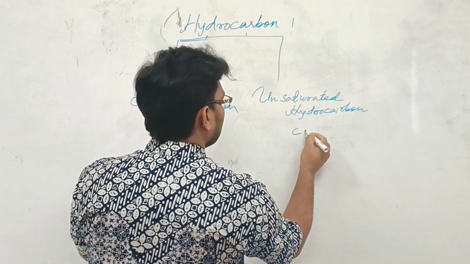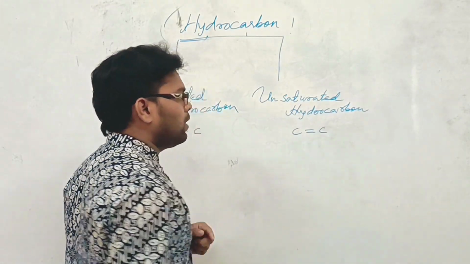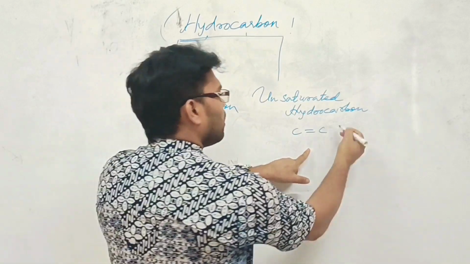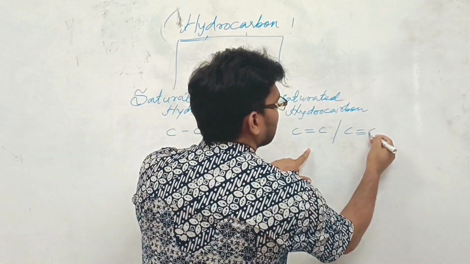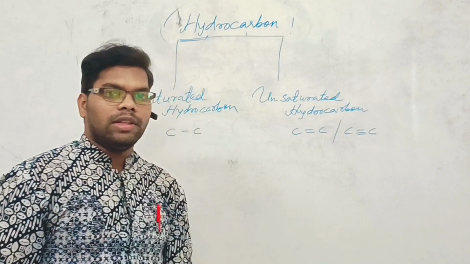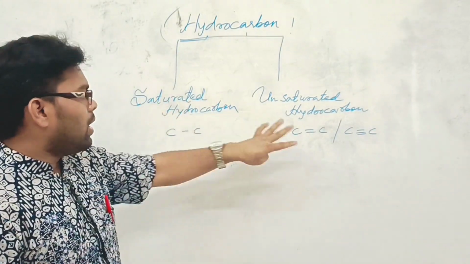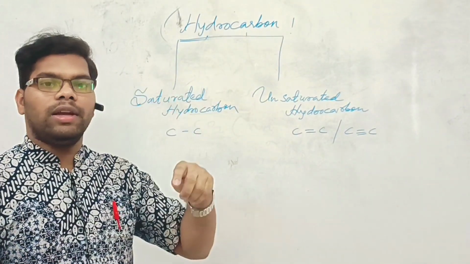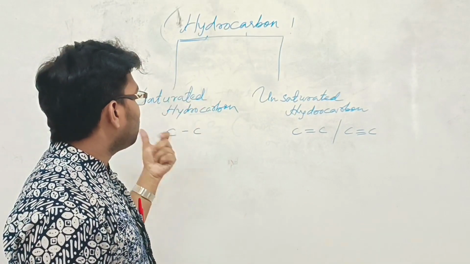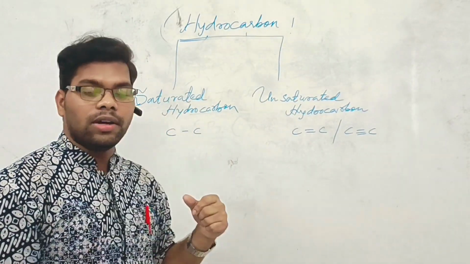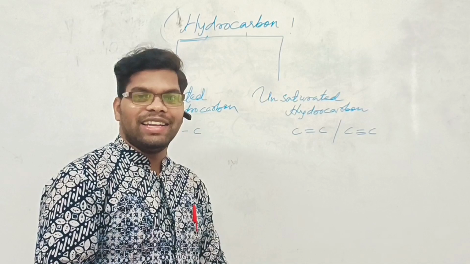Unsaturated means the carbon-carbon atoms are bonded with a double covalent bond, or else a triple covalent bond in between carbon-carbon. These are the main aspects to recognize saturated and unsaturated hydrocarbon.